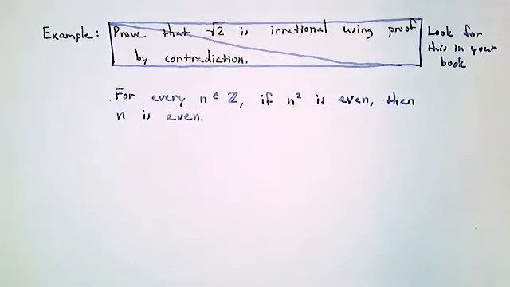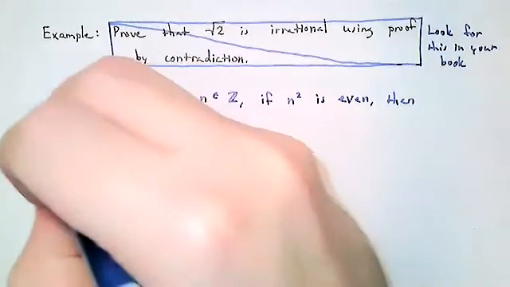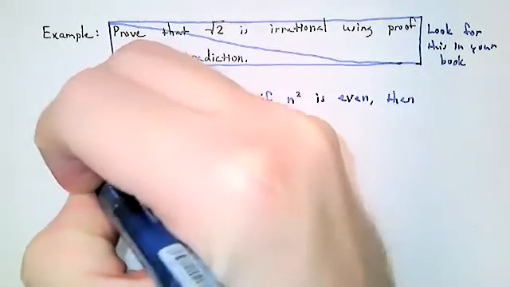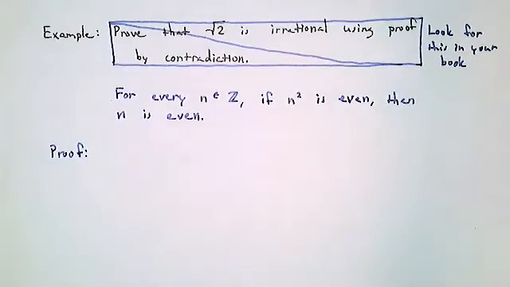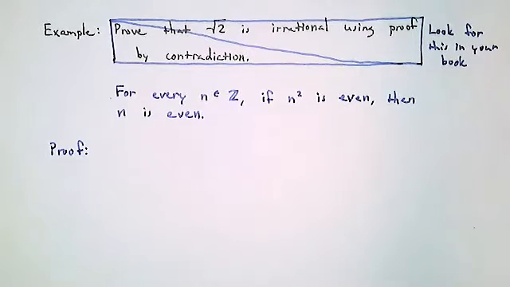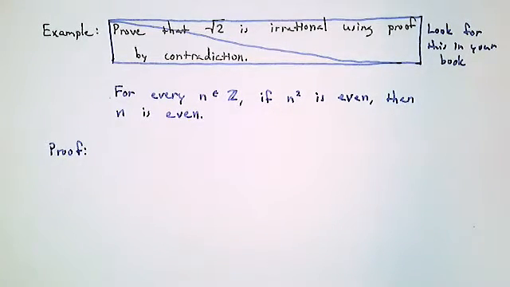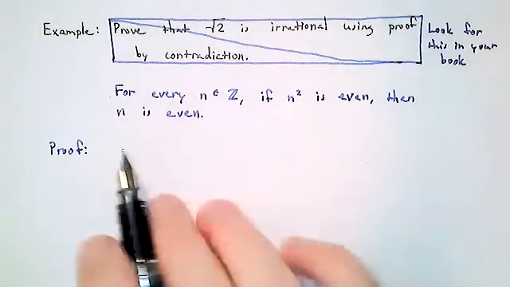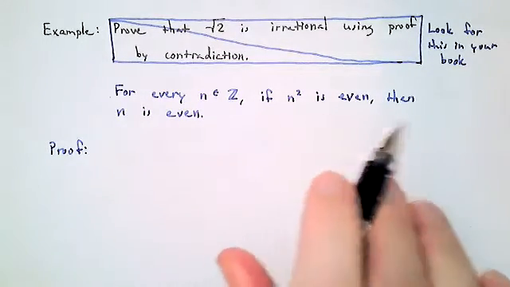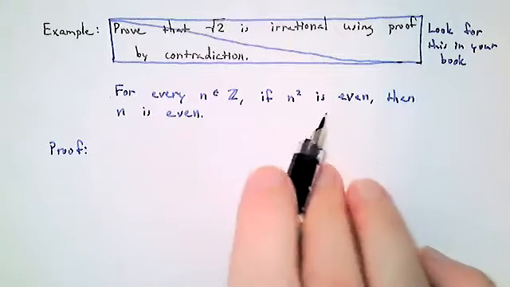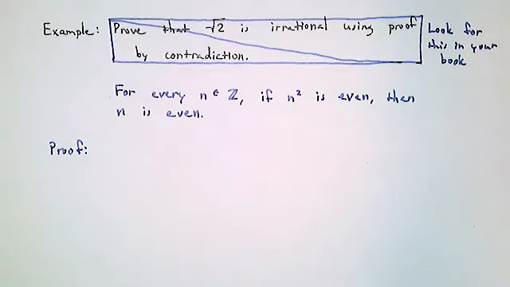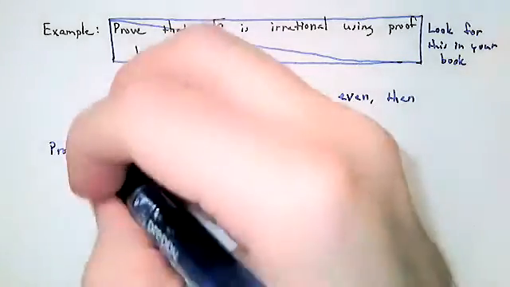Okay, so a proof by contradiction, you still start by writing proof so that whoever's reading this knows what you're doing. And it's also important to tell the reader that you're going to be using a proof by contradiction, because if you start writing something different than the theorem, if n squared is even and n is even, your reader is going to be left wondering what's going on.